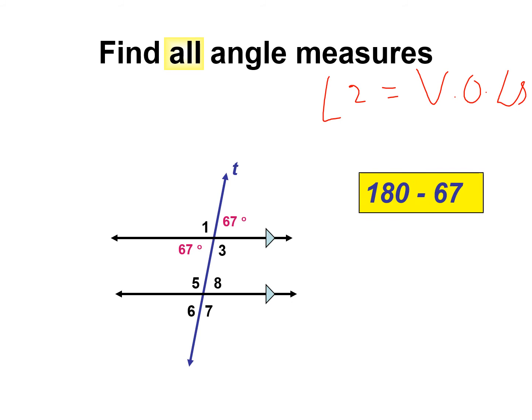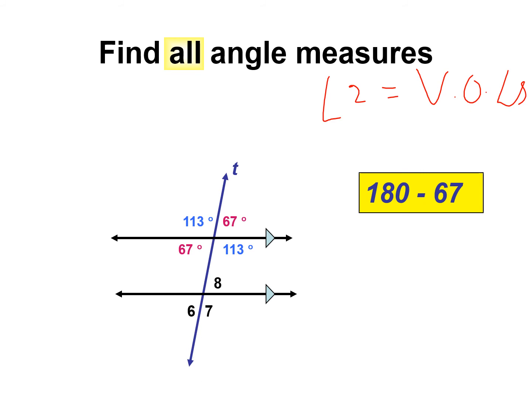The sum of angle 1 plus angle 67 is 180 degrees. You know the linear pair axiom that we already did in the previous video. So angle 1 will be equal to 113. Clearly what's opposite? This is angle 3. So angle 3 will also be 113.